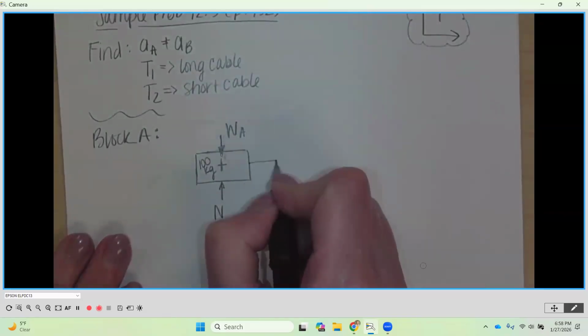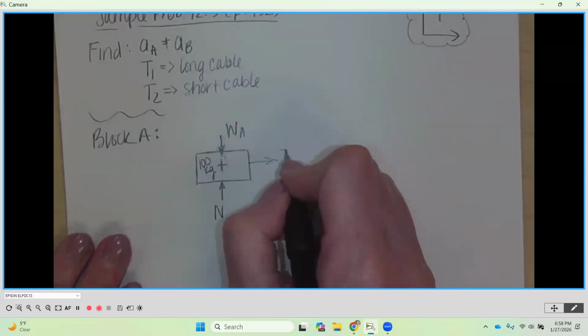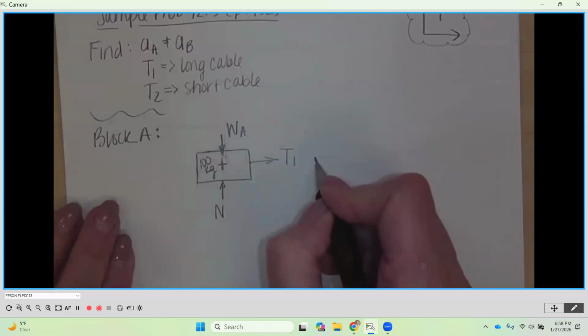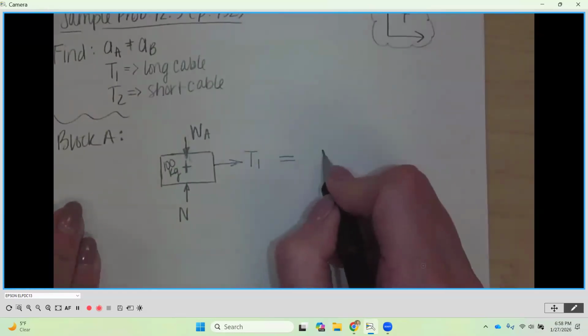And then it has the tension in that cable. So T1 is going to be the long cable coming off of A, which is going to go around the pulley. This is going to be equal to, we're going to redraw our block.